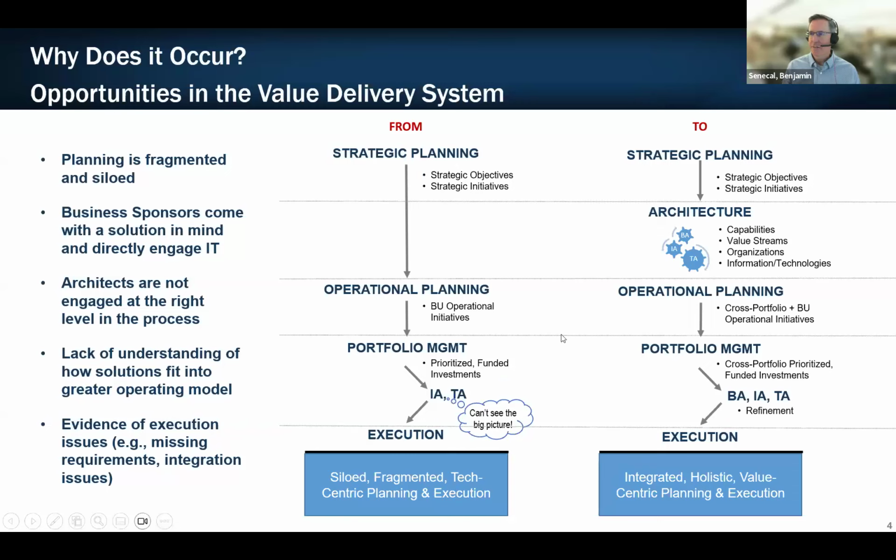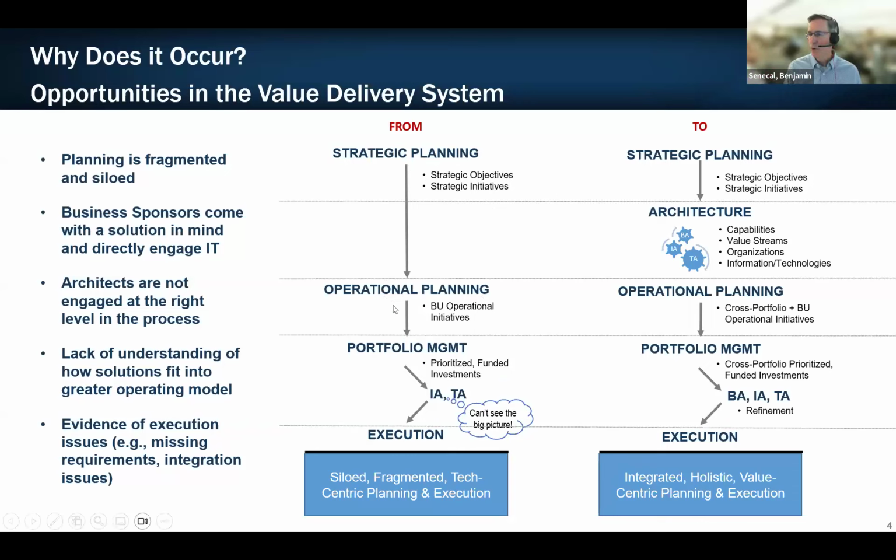From our perspective, strategic planning occurs in a process unto itself. It identifies strategic objectives and initiatives, and then that becomes an input into operational planning, although the operational planning process in some cases occurs as a process that is separate from the strategic planning process. But ideally, strategic planning should inform operational planning. That is a more granular set of business unit operational initiatives that is defined.